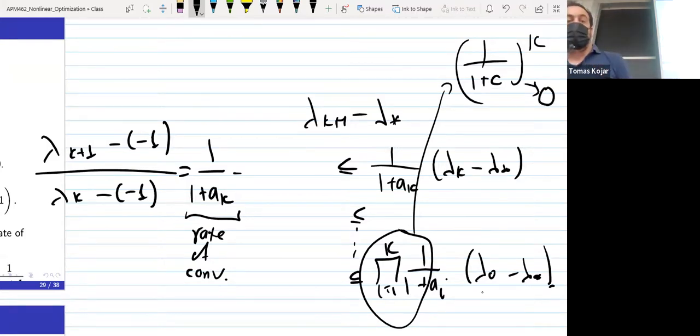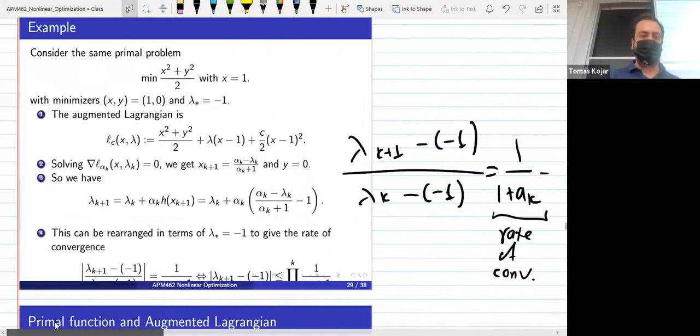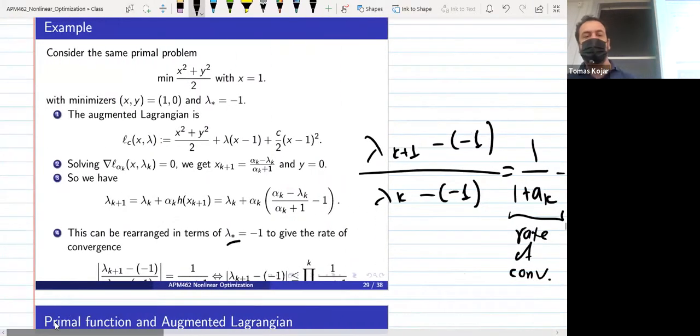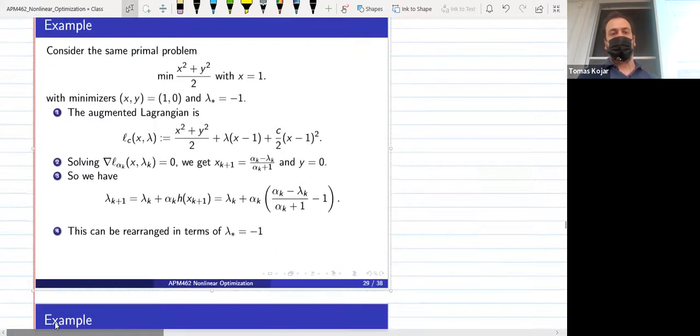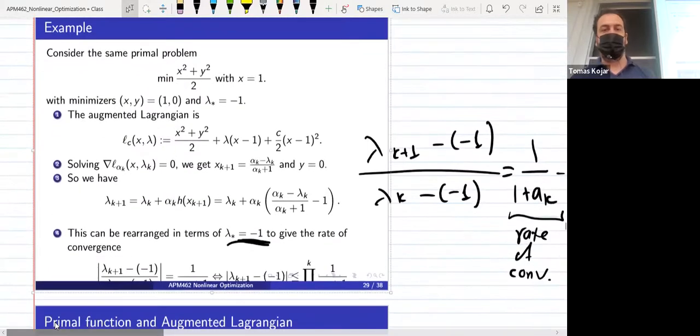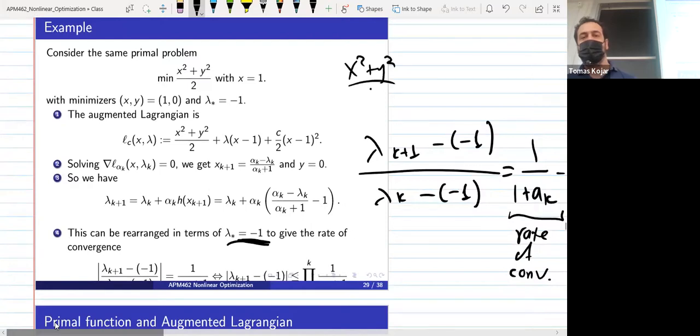Okay. So what just happened? My multiplier, lambda, converged to minus 1, which is the same one I found from the minimization. So how do I get this lambda? I have x squared plus y squared over 2 plus lambda times (x minus 1).